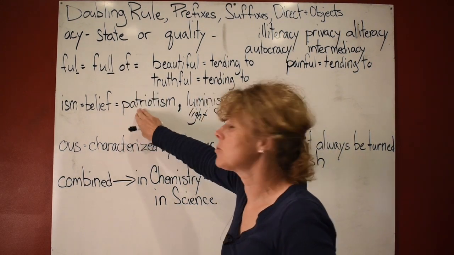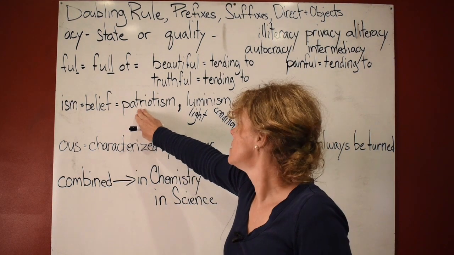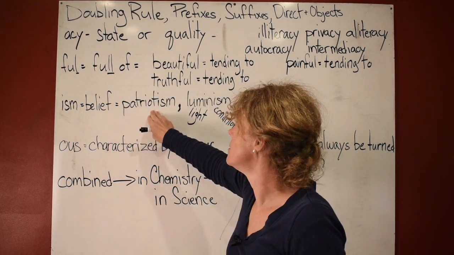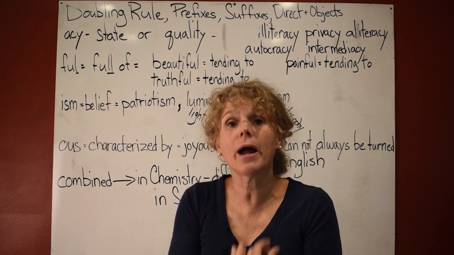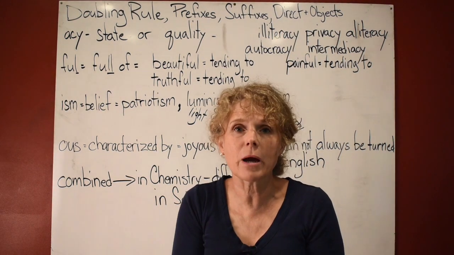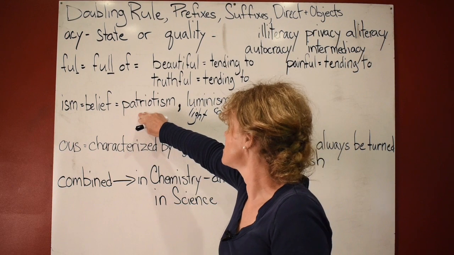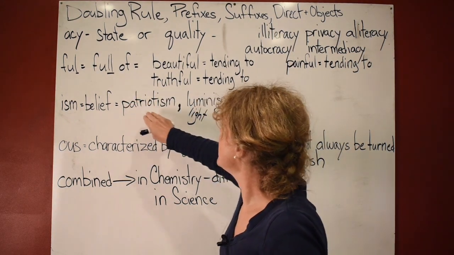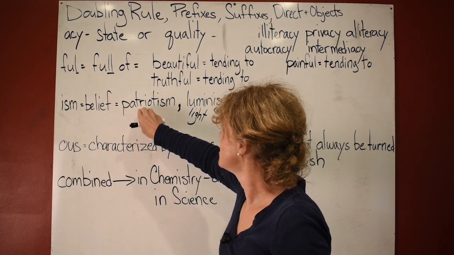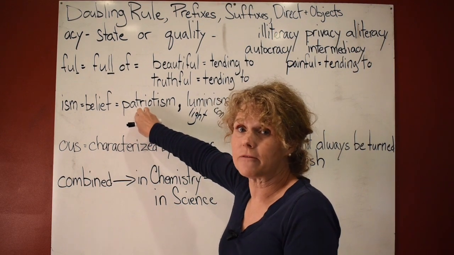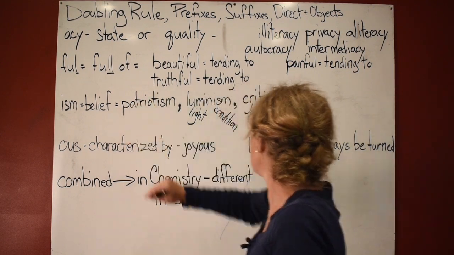So your base word right here is patriot, patriotism. So it's a belief that I have. I am a patriot. I love my country. I love living in the United States. And it's my belief that I love my country.